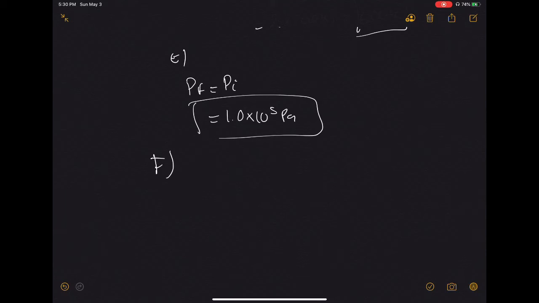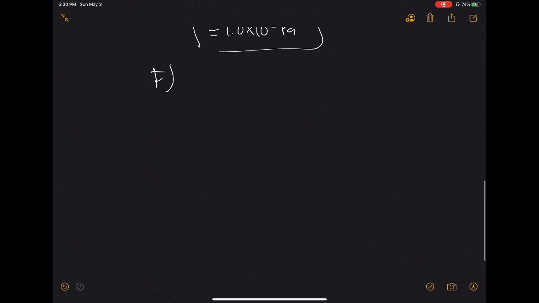Now we have part F. It says if the gas is allowed to expand to twice the initial volume, find the final temperature in kelvins of the gas if the expansion is adiabatic. For that, we have to use Tf times Vf to the gamma minus 1 equals Ti times Vi to the gamma minus 1.